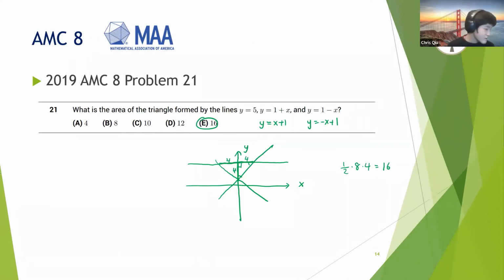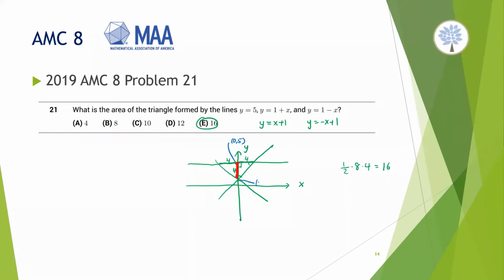Oh, how did you find the area of the triangle, the height of the triangle? So in order to find this height, we're basically finding the length between here and here. This top point has coordinates (0, 5), and this point has coordinates (0, 1).